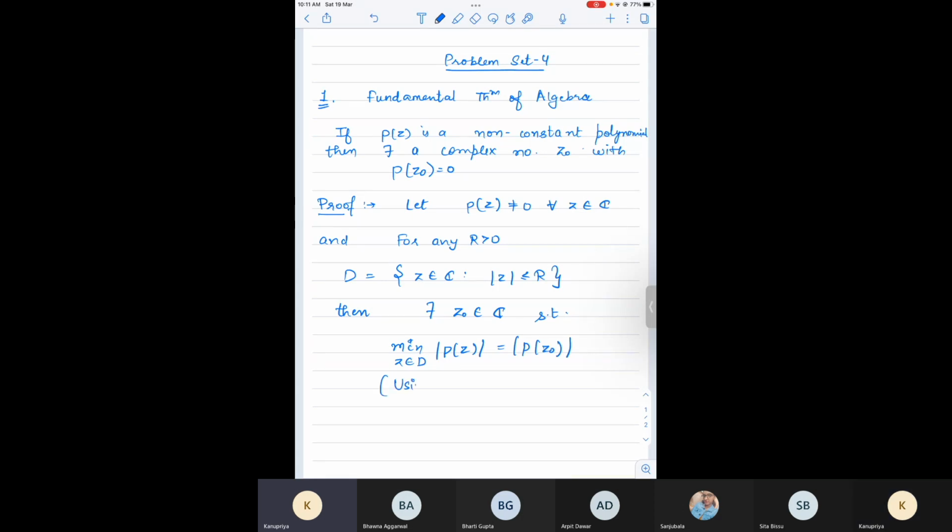Using the minimum modulus principle. Is it clear? Yes, ma'am. Okay. Now my claim is that this P of z naught is 0.